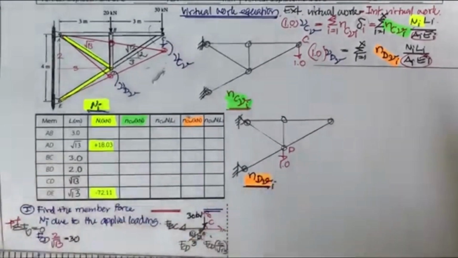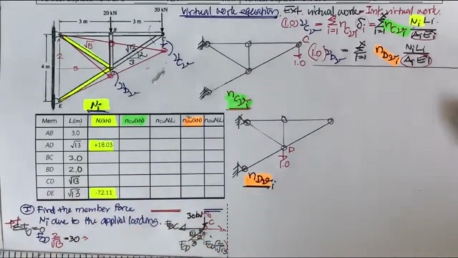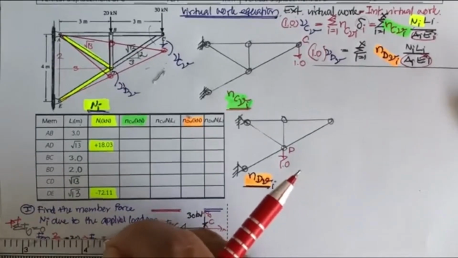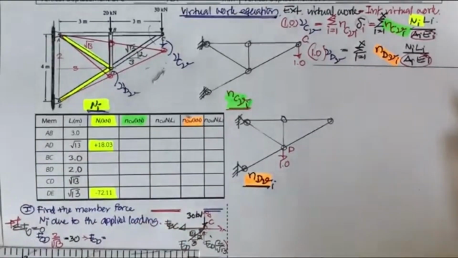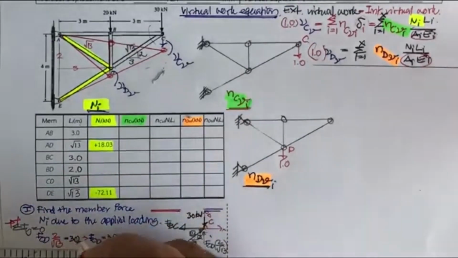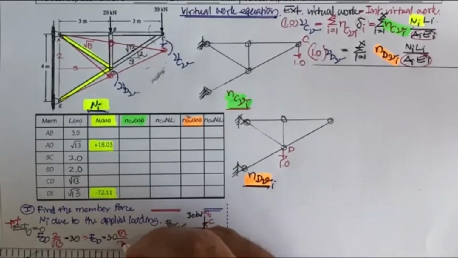So it's just equal to 30. And now you will have F sub CD equal to 30 times square root 13 divided by 2.